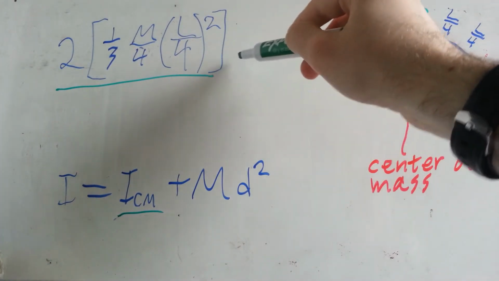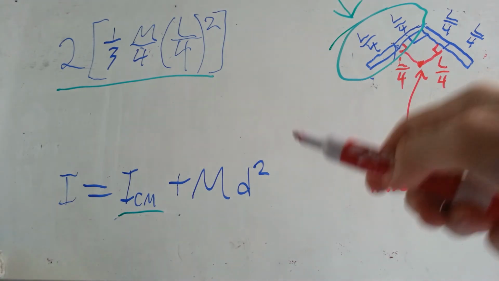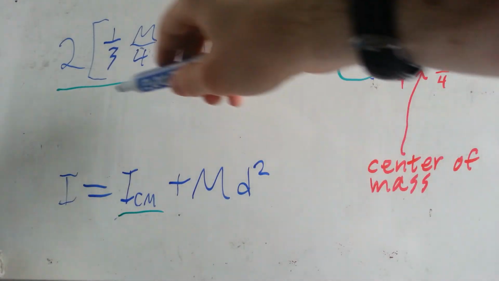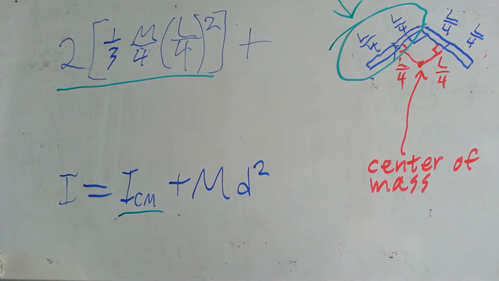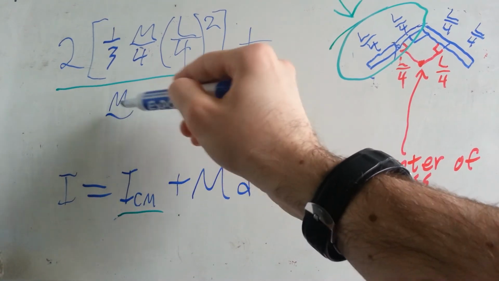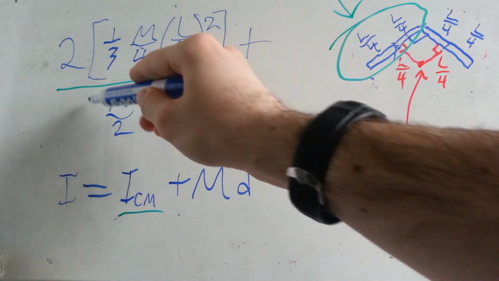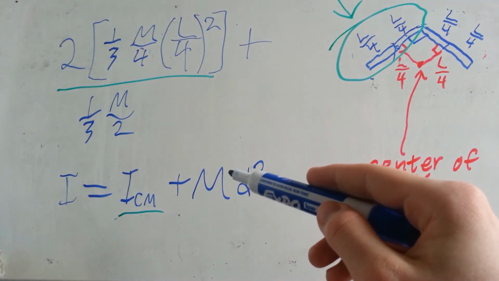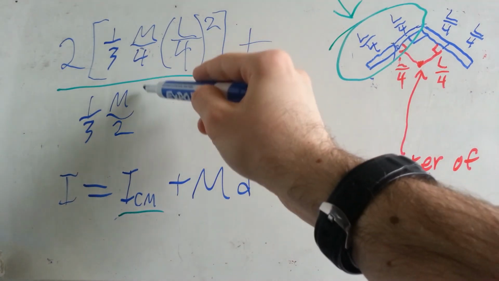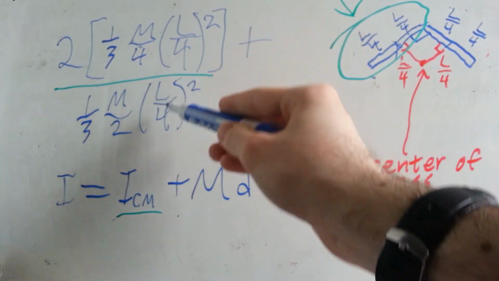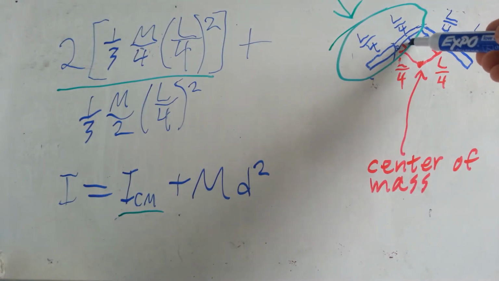Okay, so plus 1/3 m over 2 times still L over 4 squared, because L over 4 is this distance, right?